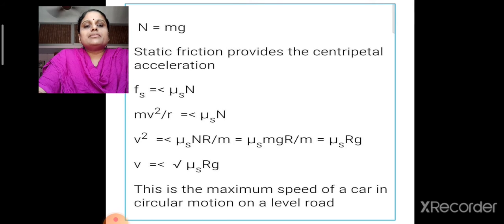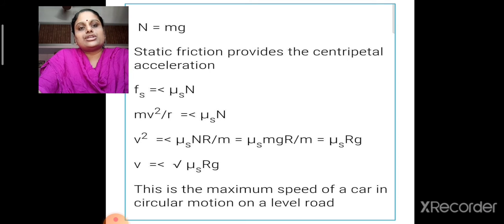So, the maximum velocity with which a vehicle can negotiate or travel through a curved path, which is a leveled road, is given by square root of μs rg, where μs represents the coefficient of static friction, r the radius of the circular path, and g is the acceleration due to gravity.